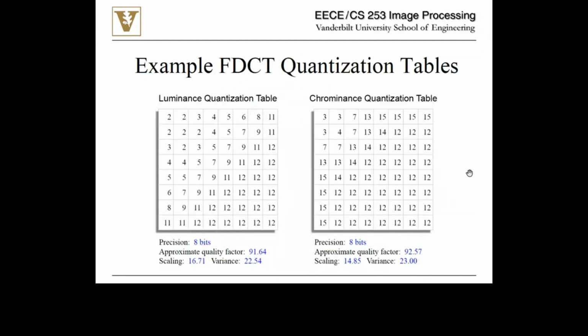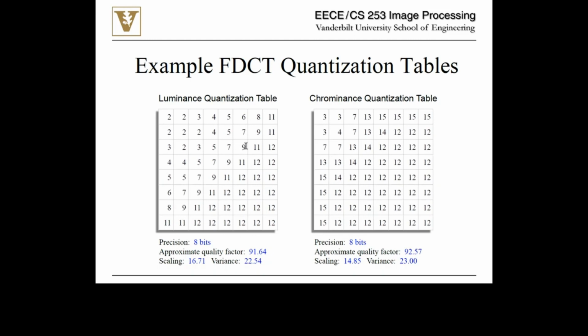Okay, now you apply your discrete cosine transform to the luminance bands and the chrominance bands. And you will use two quantization tables. Okay, so let's see how the quantization tables are used.